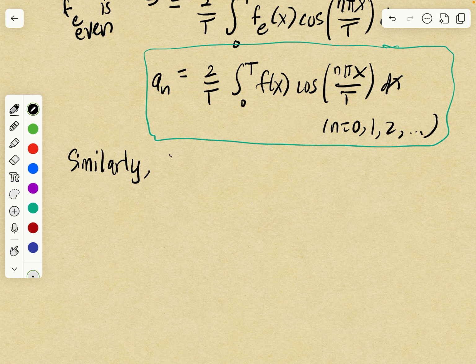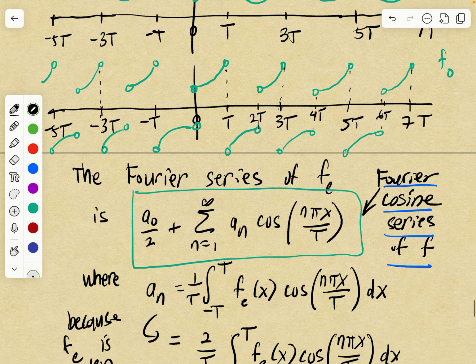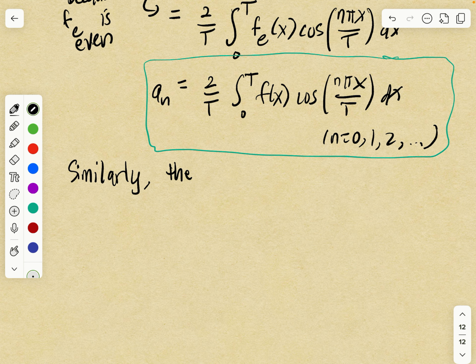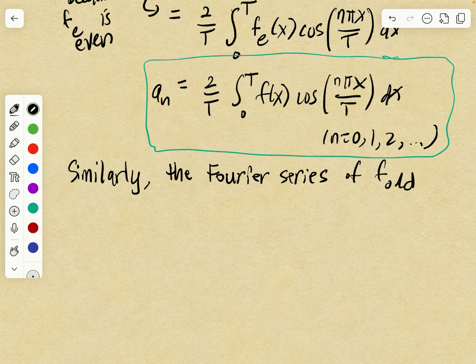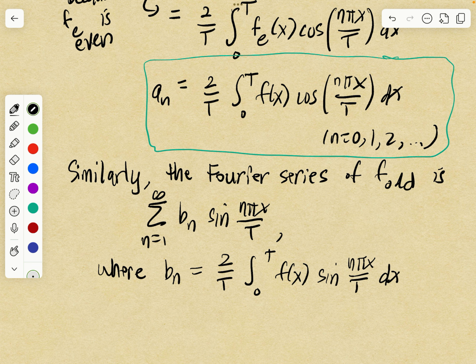Similarly, we have a Fourier sine series. If you look at f sub odd, the second one, that will also have a Fourier series. And that's the sum from n equals 1 to infinity of b sub n times sine n pi x over t, where b sub n is 2 over t times the integral from 0 to t of f of x sine n pi x over t dx.